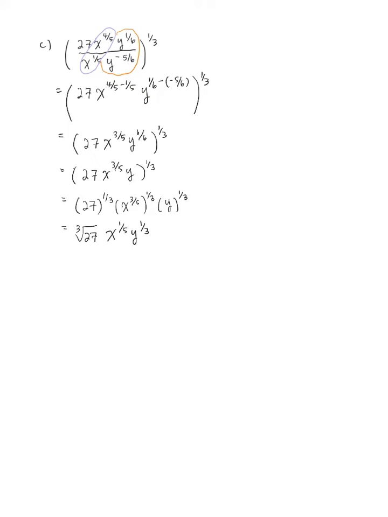Okay, so if you convert this into a radical, then 27 was 3 times 3 times 3, so this portion here is going to become 3. I think we did that example earlier. And then 5th root of x multiplying by the cube root of y. Now you cannot combine the 5th root and the cube root together. All right, so this is going to be the answer.